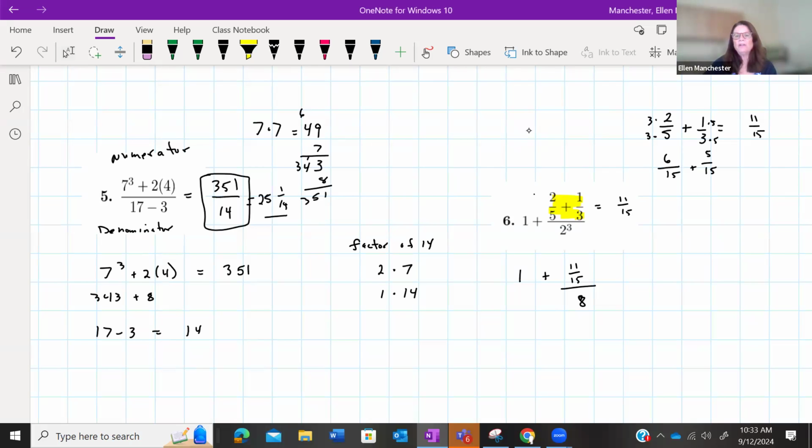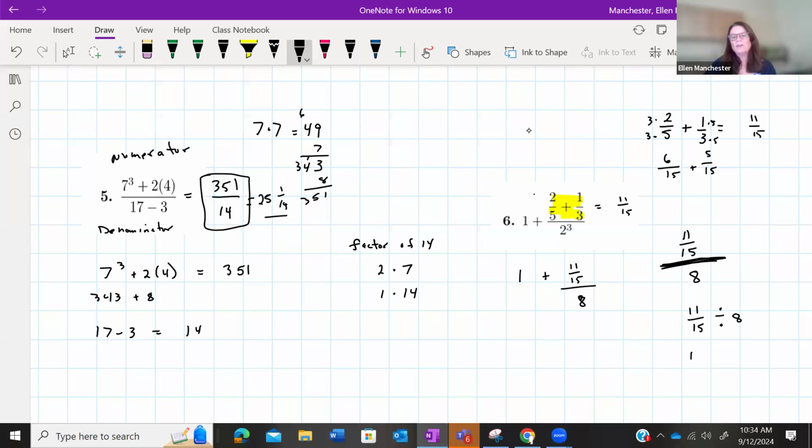So this 11/15 over 8, what does this line mean right here? Division. So you can actually write this as 11/15 divided by 8.